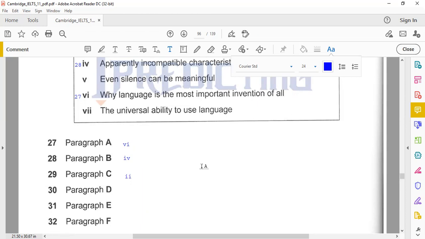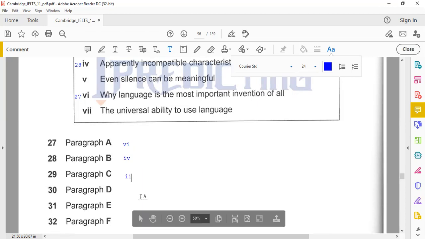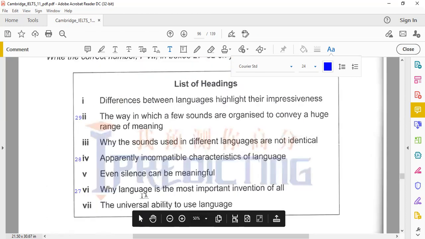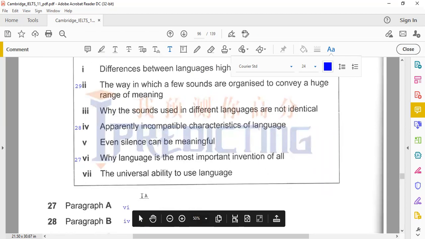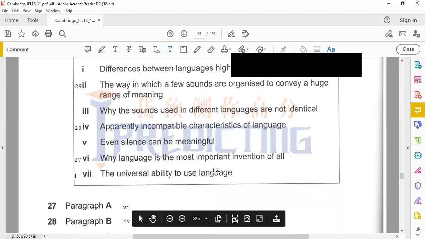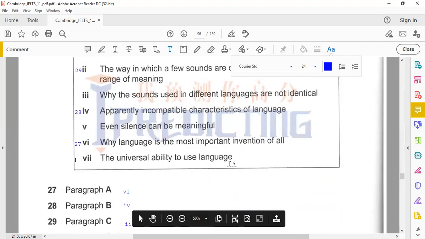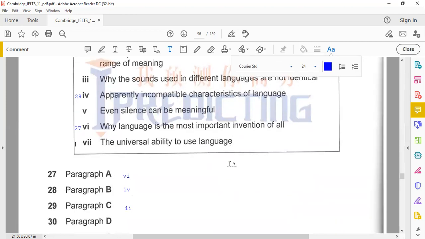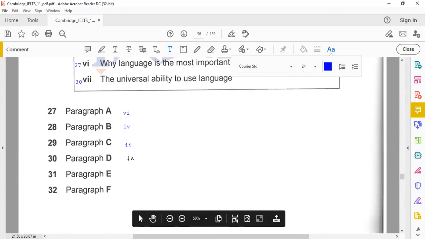Then you see, read paragraph B and come on to make a choice. So which one is the right one? See, this one is the right one: the universal ability to use language. Okay. 30. And the paragraph D, the list of options, 7.